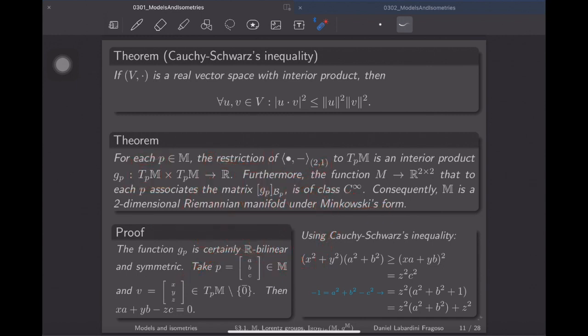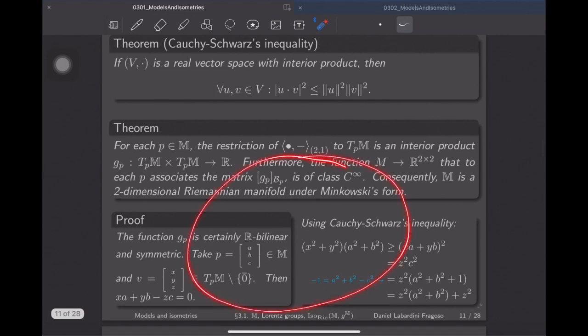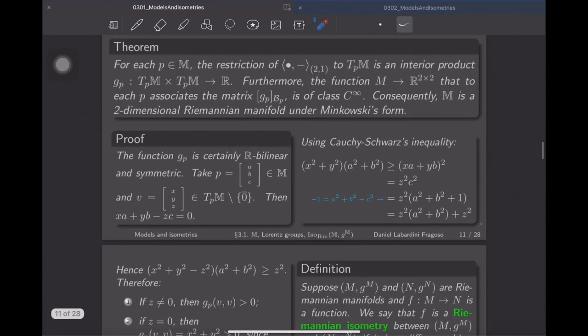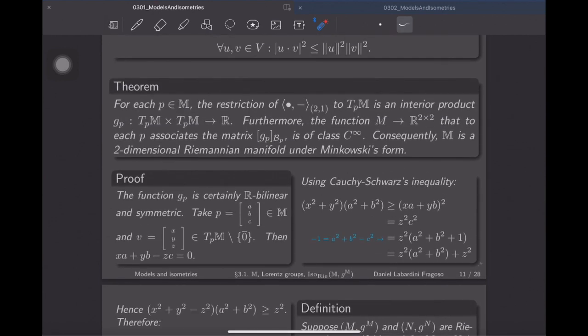Okay, and then one just proves it. Knowing that for each point it gives me an inner product on the tangent plane, one can compute for each P the matrix of this as a bilinear form, right?